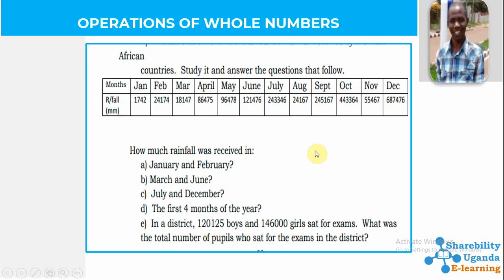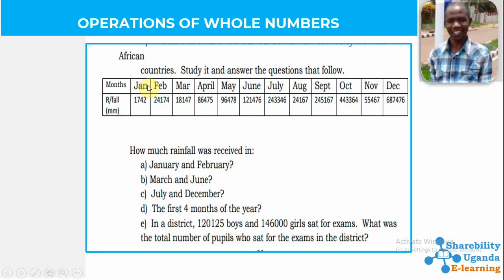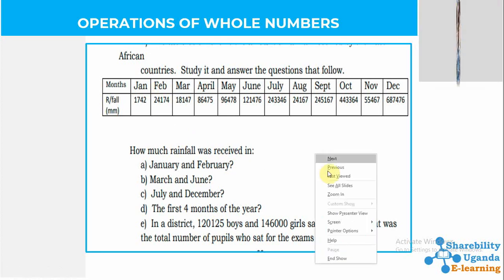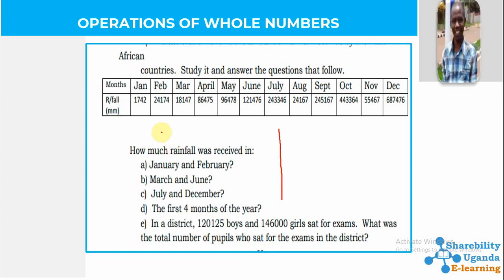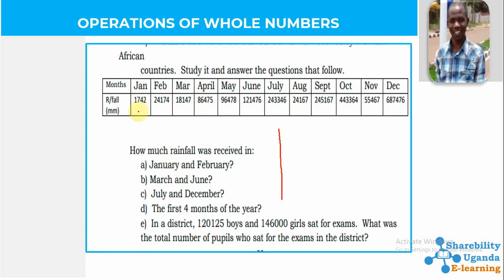So for us to be able to attempt this question, we should go to the column of January and Feb, and we shall just calculate this. They are telling us to calculate January and Feb. So that means we shall pick out our January and Feb.